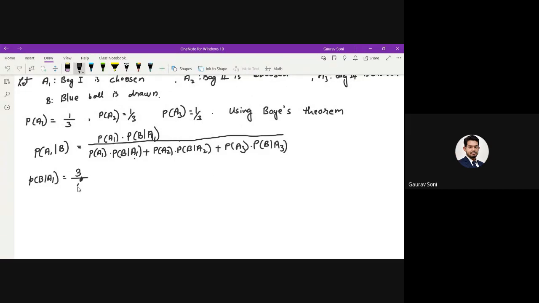Probability of B when A2 has occurred. Wait, Manas, let someone else try this. Anyone else? 2/8, exactly. Probability of B when A3 has occurred. 1/9.